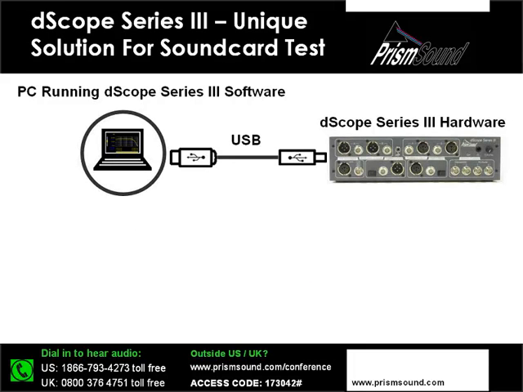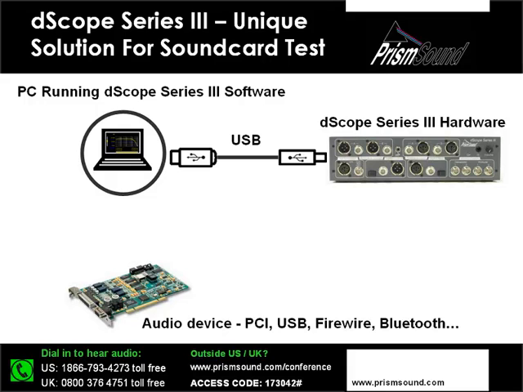Well, we've already seen the Dscope Series 3 system, and we've seen that it has hardware inputs and outputs for testing digital and analog audio inputs and outputs. But we have a third domain aside from the analog and digital domains that we're able to analyse using the Dscope system, and that is what we call our sound card domain, our sound card outputs and inputs.